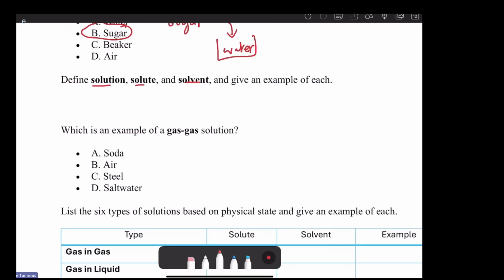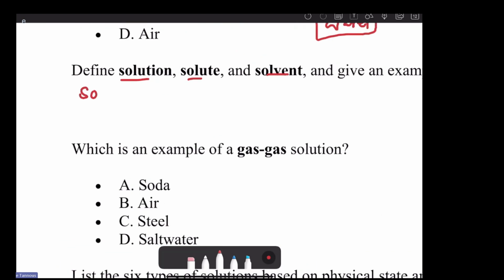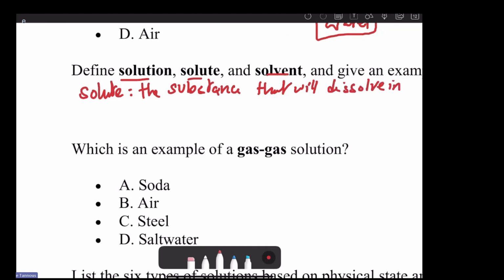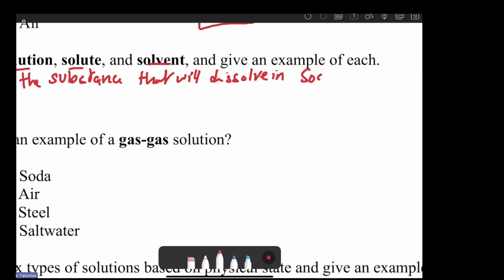What's the difference between solute, solvent, and solution? So solute is the substance that is dissolved, the substance that will dissolve in solvent.